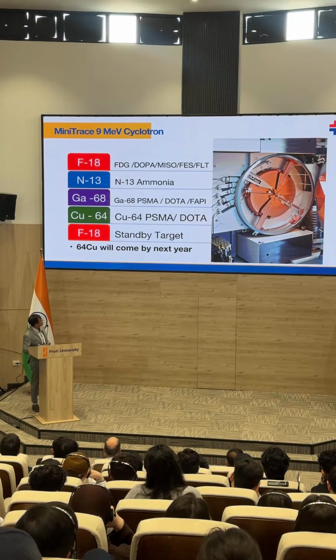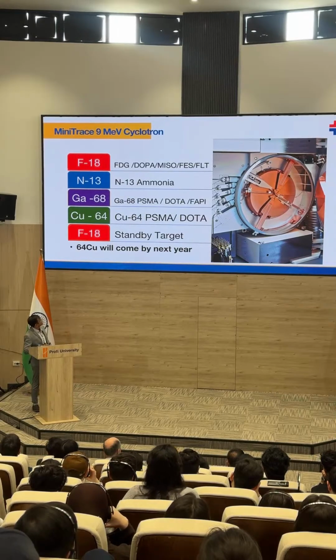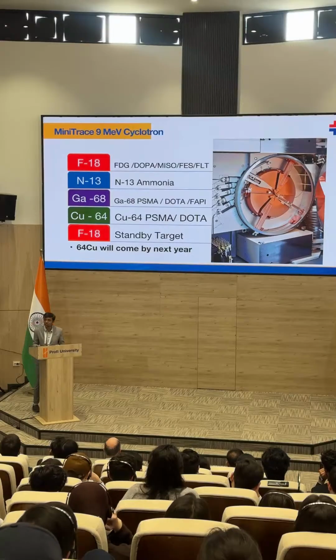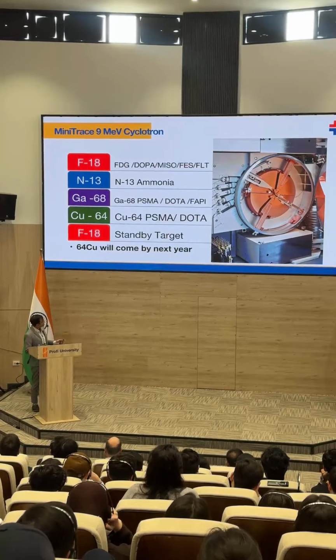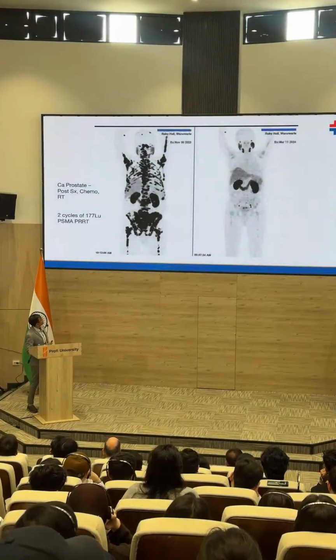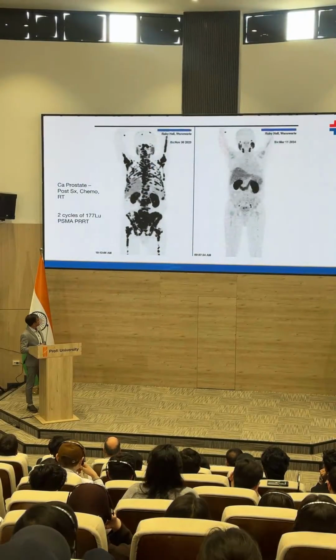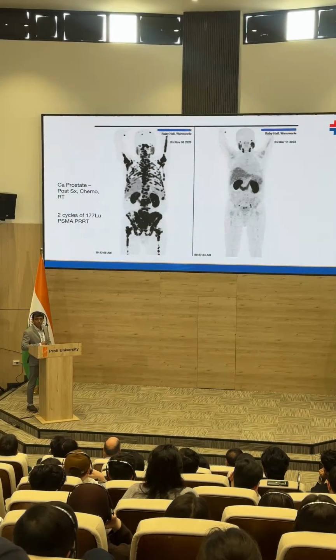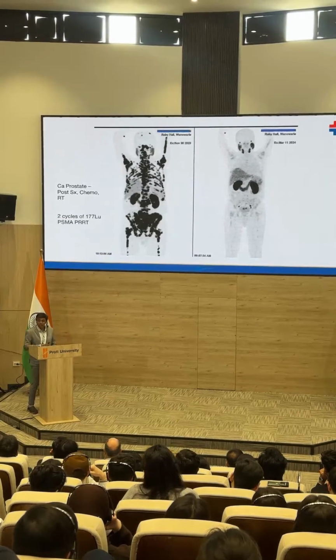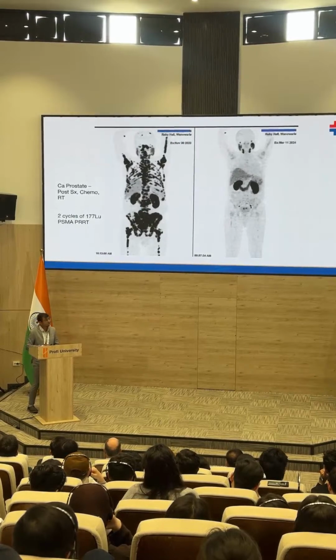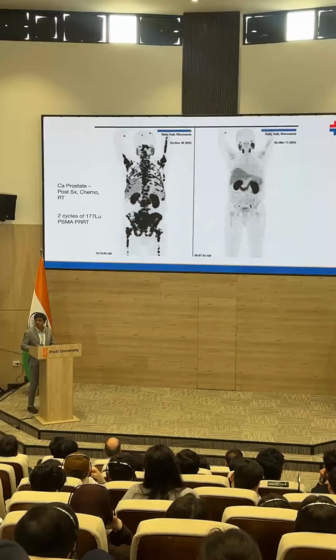So when you do a PSMA with gallium-68 or PSMA with lutetium-177, then a patient who's got this disease burden and who has previously been treated with surgery, chemotherapy, hormonal therapy, and all sorts of treatments, in whom there would otherwise have been no hope, gets this kind of a response.